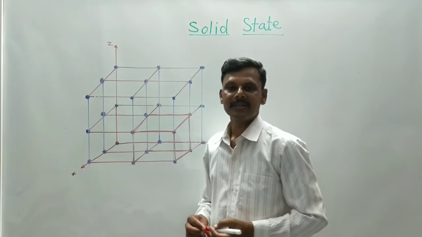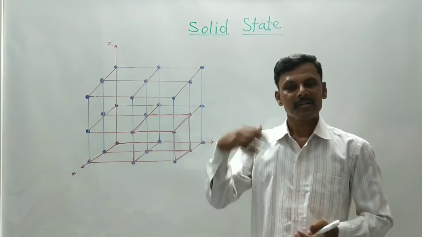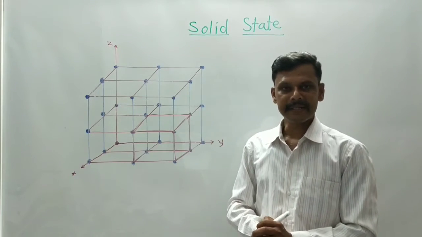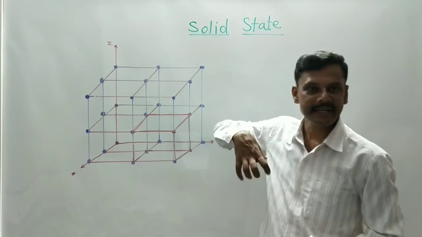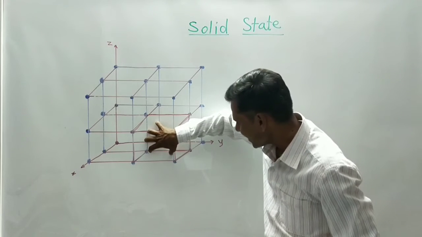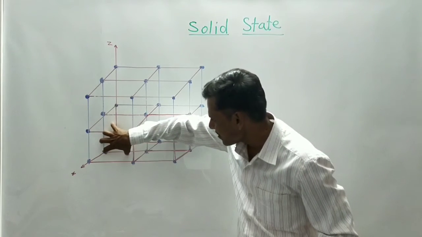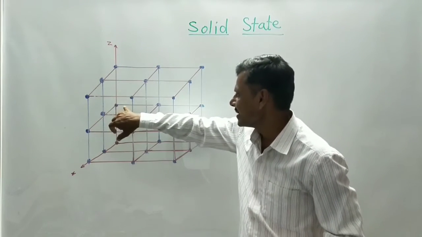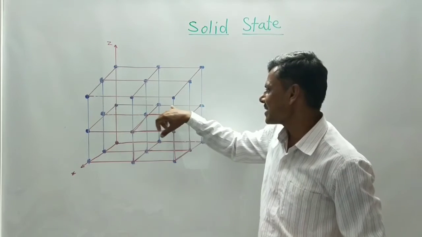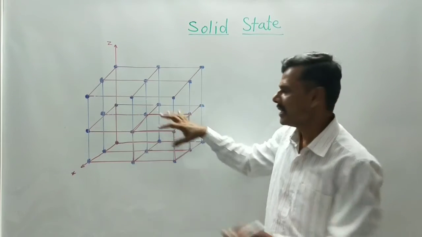This part, this smallest unit, is repeated. This smallest unit is here, a similar smallest unit is here, a similar smallest unit is here.